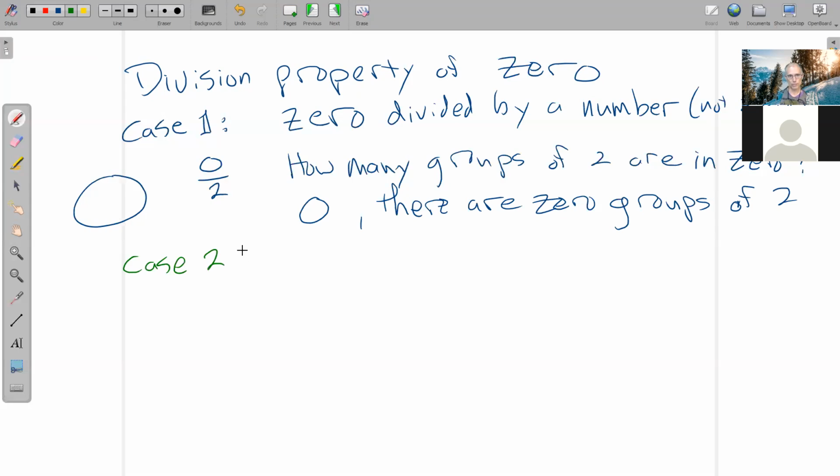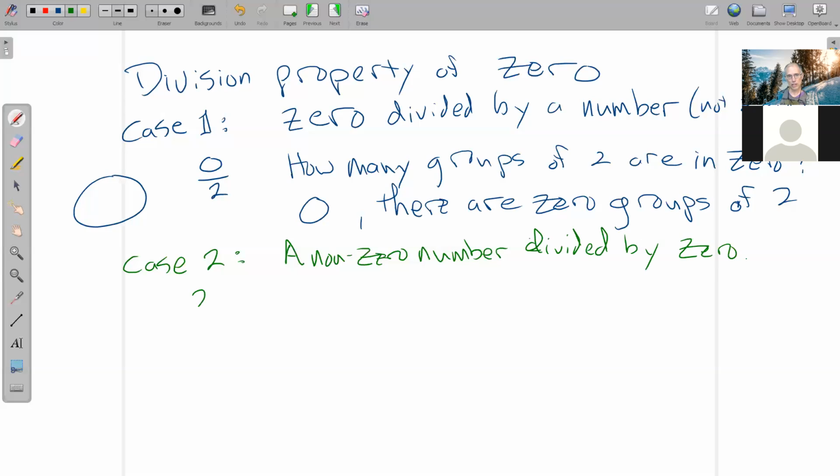Case 2 would be some non-zero number divided by 0.